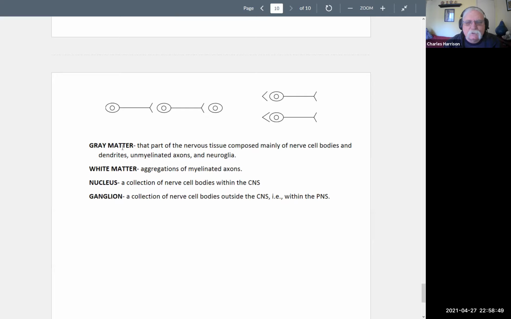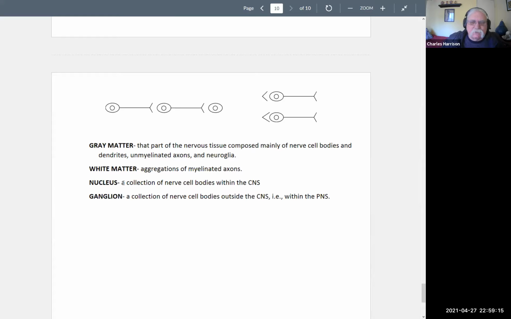Gray matter is part of the CNS that is not myelinated. The part that is myelinated is white matter. The nucleus is not only the nucleus of a cell, but it's a collection of neural cell bodies within the CNS.